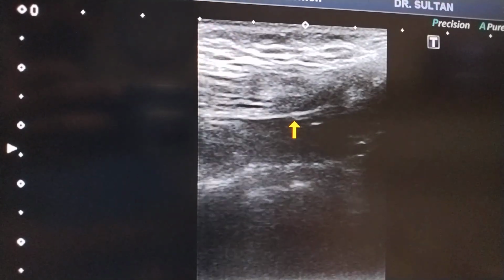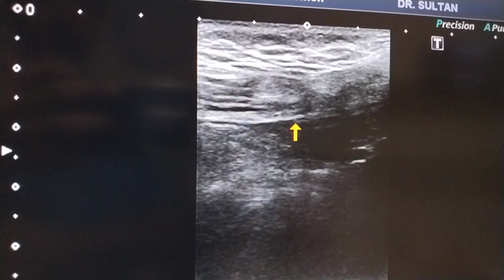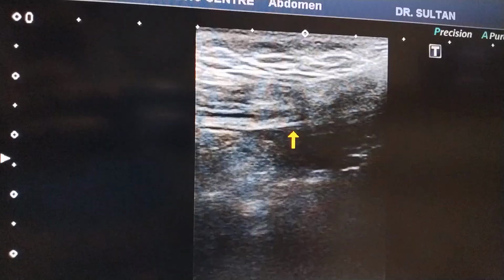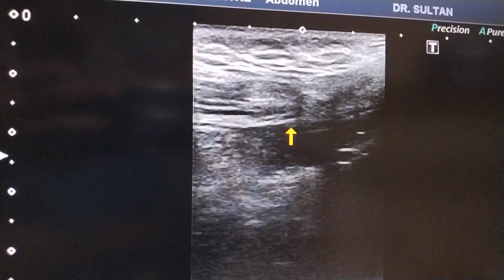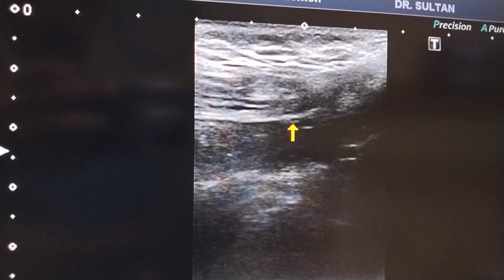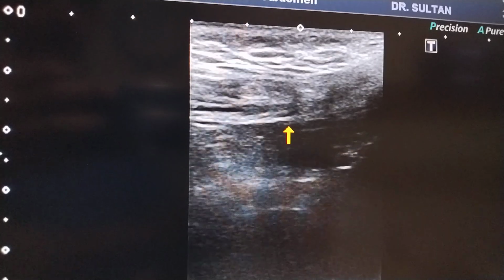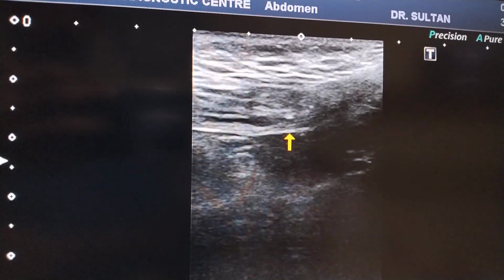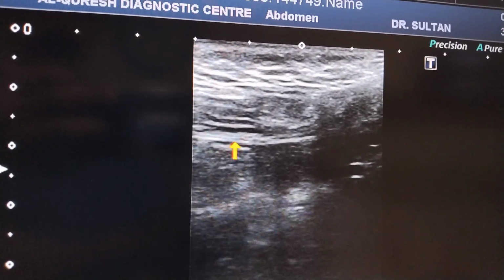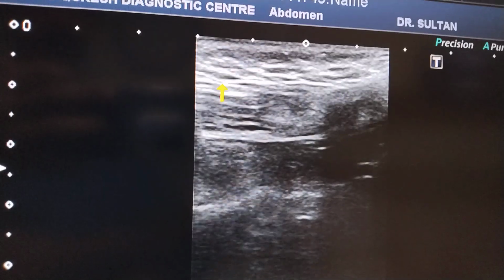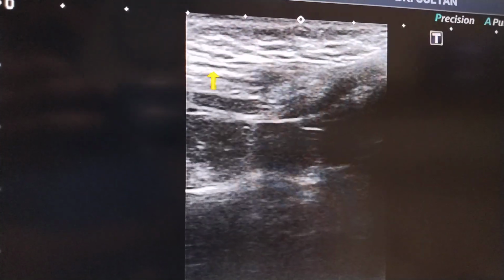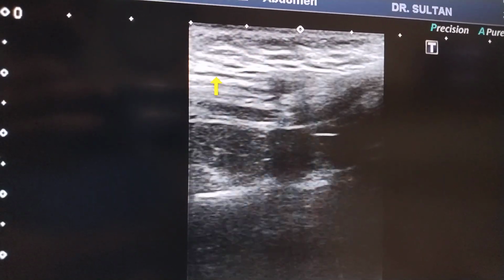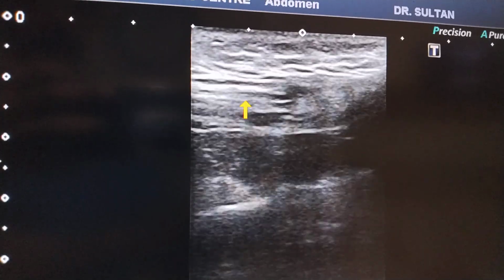The conjoint tendon is the union or fusion of the aponeurosis of the internal oblique and transverse abdominis muscle. So this is the posterior wall, and this is the anterior wall, which is the external oblique muscle aponeurosis, and this is the canal.